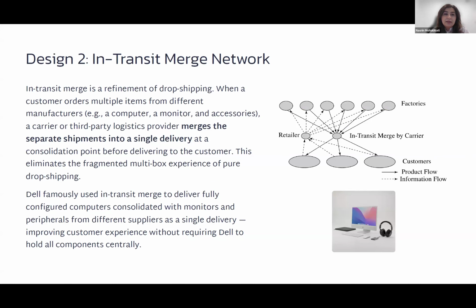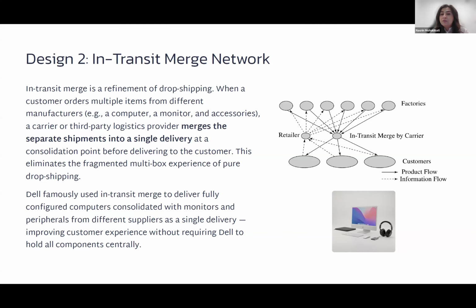So the next design is the in-transit merge network. This is actually an interesting design. In this network, we have the factories, manufacturing centers, assembly sites. We have retail stores as well.